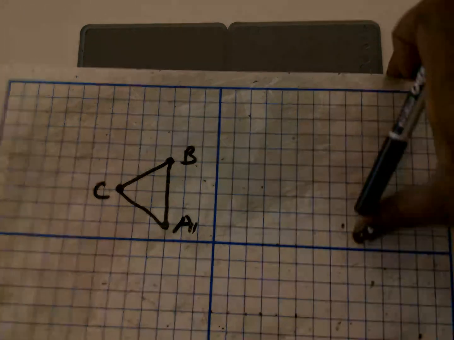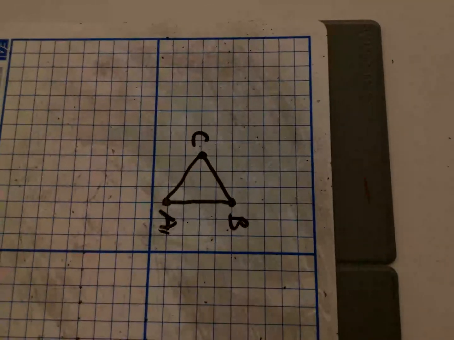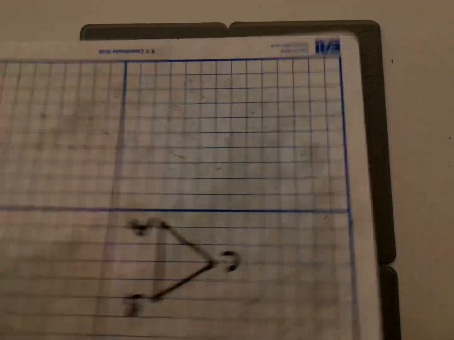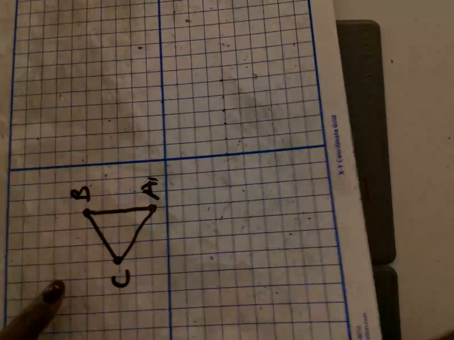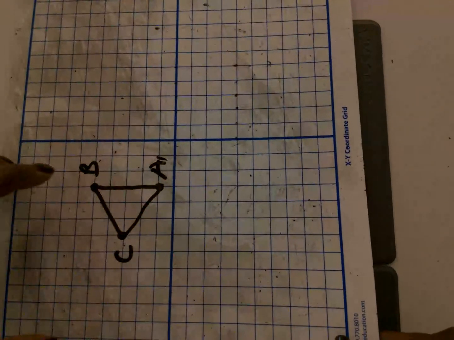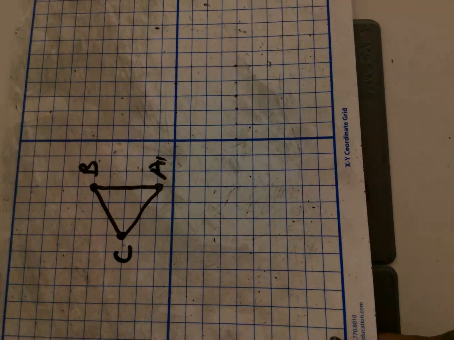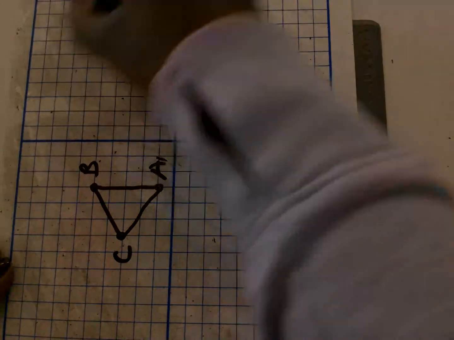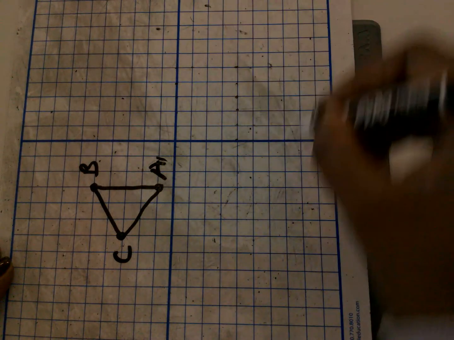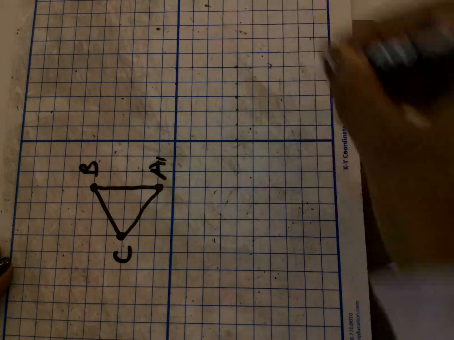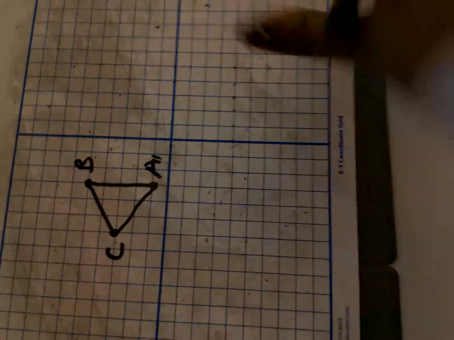Let's pick it up and move it. 1 turn, 2, 3. This is where it is in that third quadrant. This is a 270, 3 turns clockwise. Turn it back in the right direction.